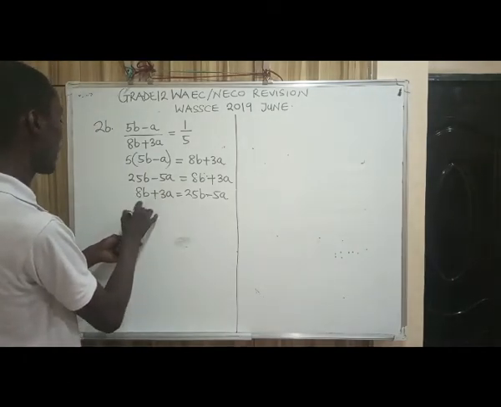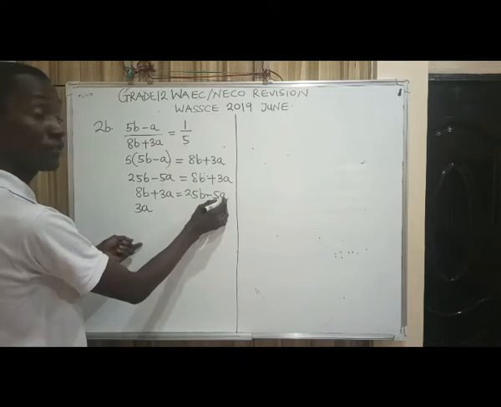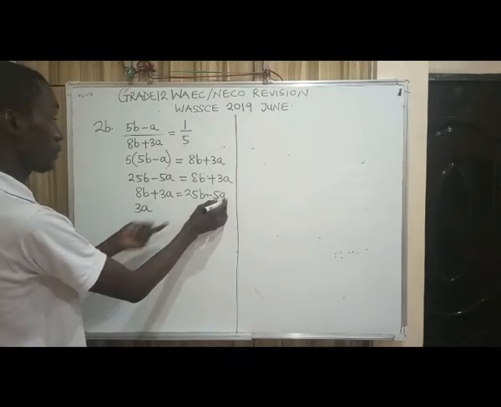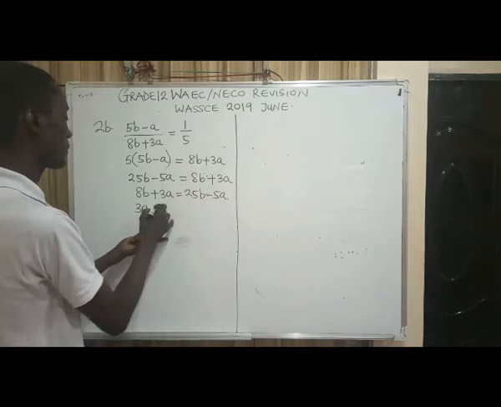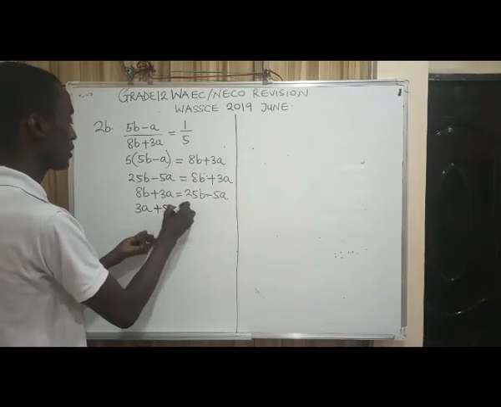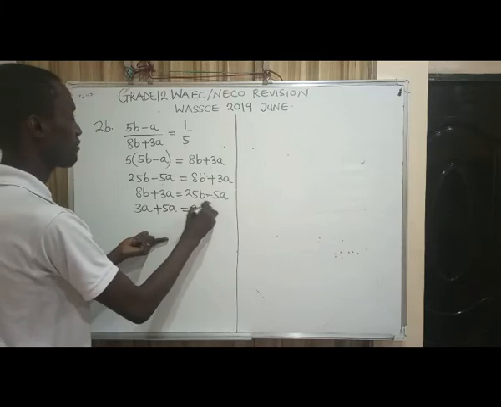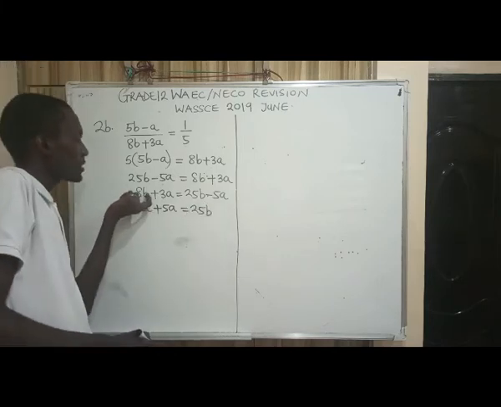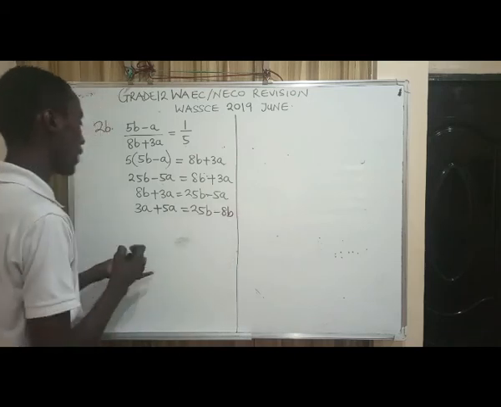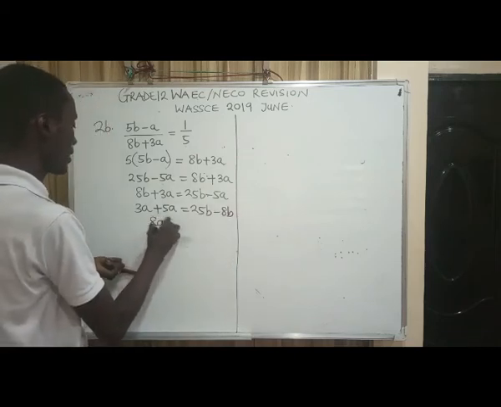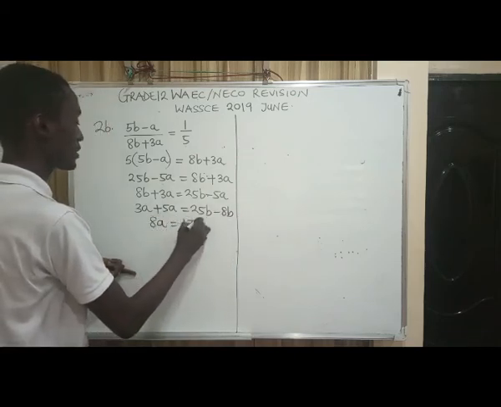Now this will now be what? I have 3a here. I'll bring negative 5a, because it's crossing over, as some of us rightly would want to say. This becomes what? Plus 5a equal to what? I have 25b here. It was positive here to become negative here. So what do I have? I have 8a equal to what? 17b.